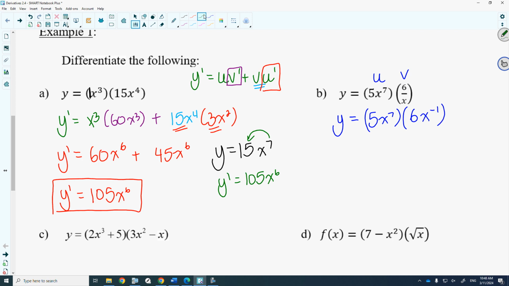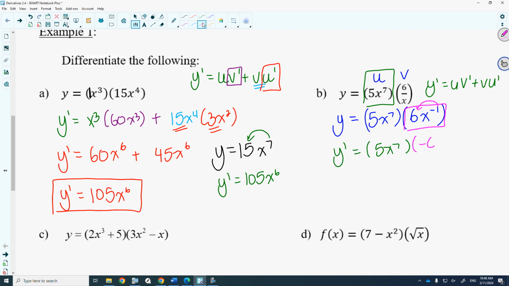So again, the derivative of this is going to be u v prime plus v u prime. So y prime is equal to u is 5x to the 7. V prime is the derivative of this. So the derivative of 6x to the negative 1 would be negative 6x to the negative 2.